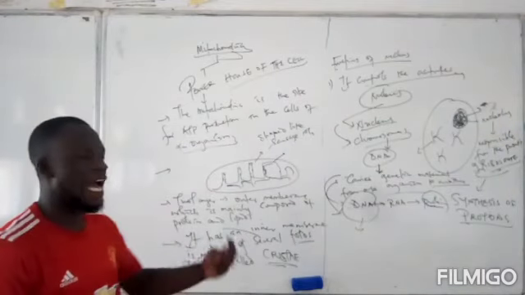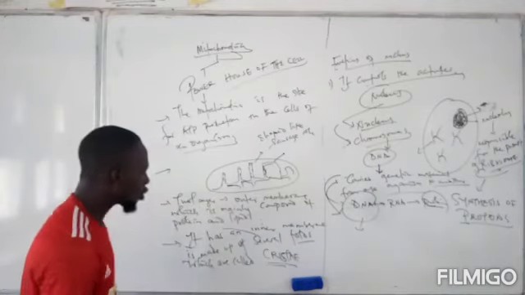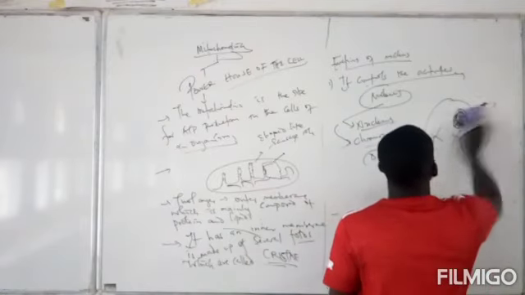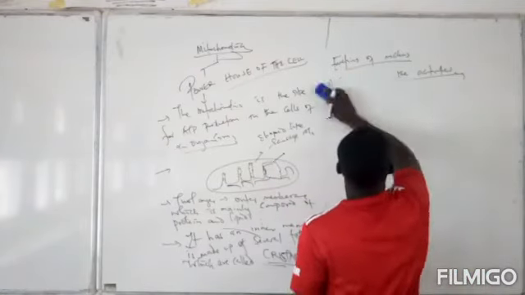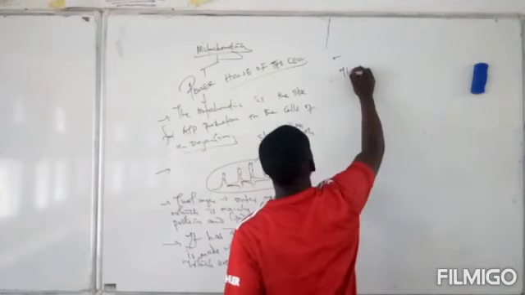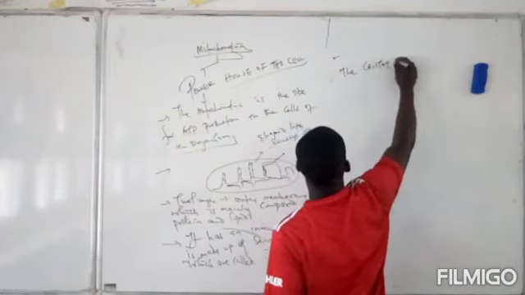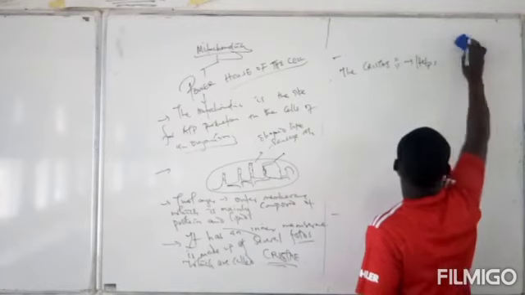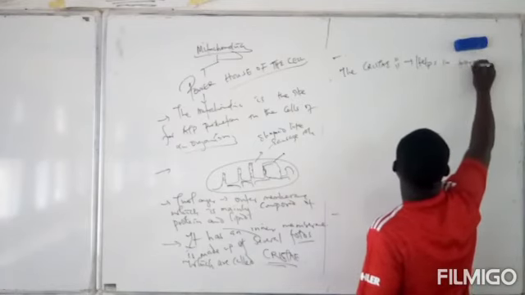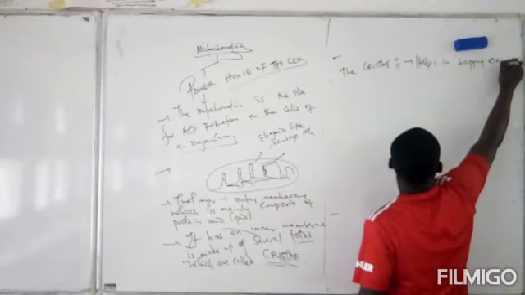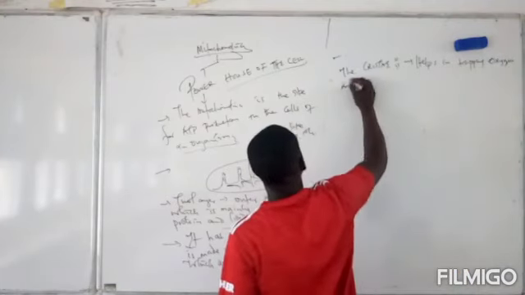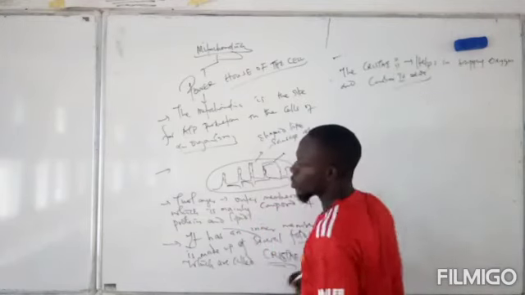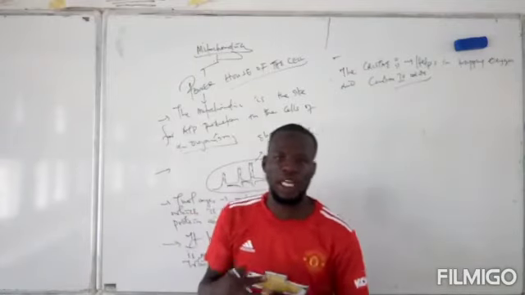So it is this cristae that helps in trapping oxygen and carbon dioxide. So the function of this cristae is to trap oxygen and carbon dioxide.